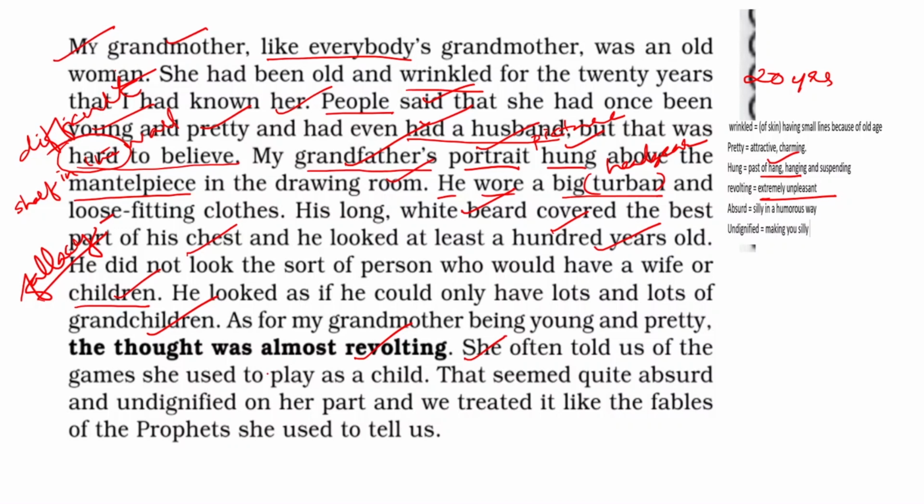She often told us of the games she used to play as a child. This grandma, like everybody's grandma, used to tell of the games she used to play as a child that seemed quite absurd and undignified. Absurd means silly in a humorous way, undignified means making you look silly. The games, the stories, the grandma used to tell Khushwant Singh and other children seemed quite absurd and undignified on her part.